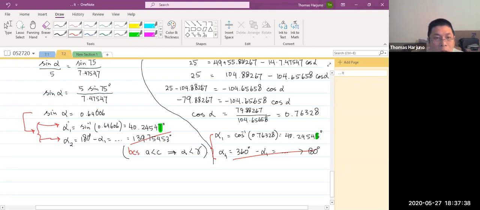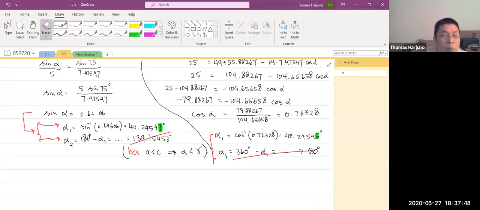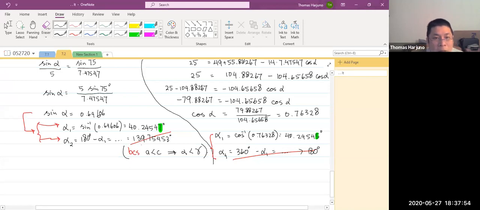Okay, now here, there are two solutions for sine alpha equals 0.6 something. Both of them are less than 180 degrees though. So we need another reason to cancel alpha 2 in this case.